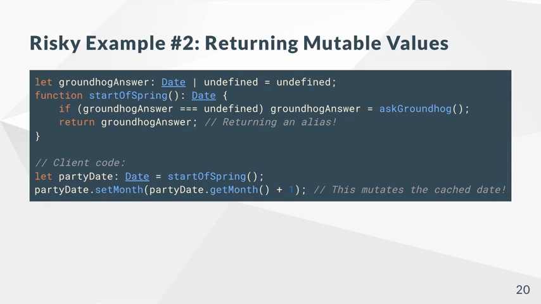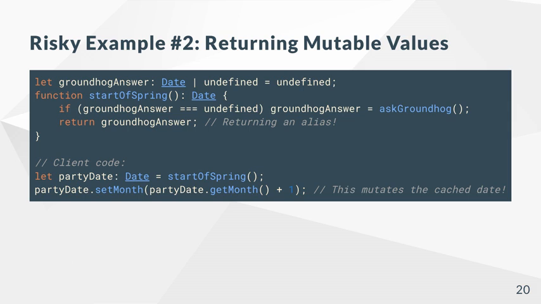Now imagine a function, startOfSpring, that calculates a date. To improve performance, the implementer might cache the results, meaning they save the date object in a variable called groundhogAnswer and return that same object every time the function is called.